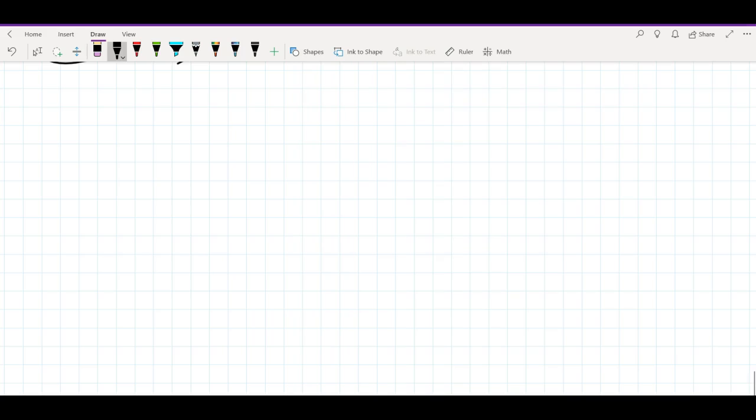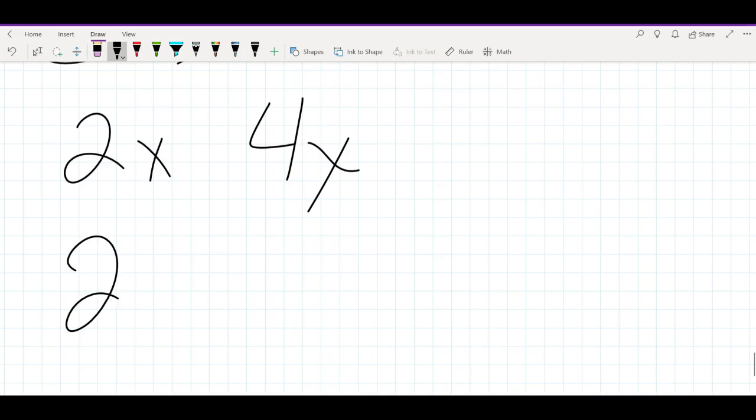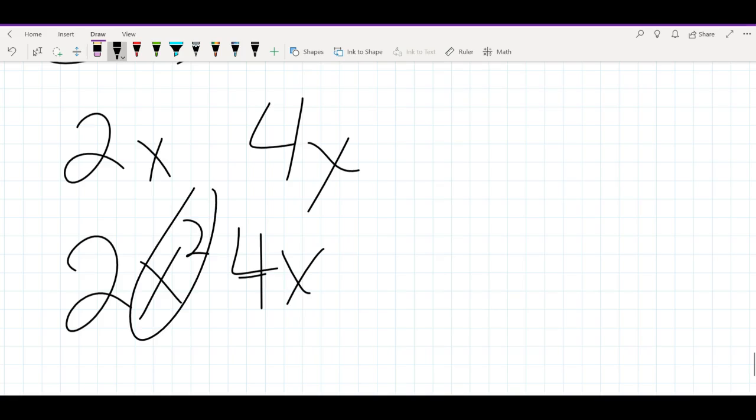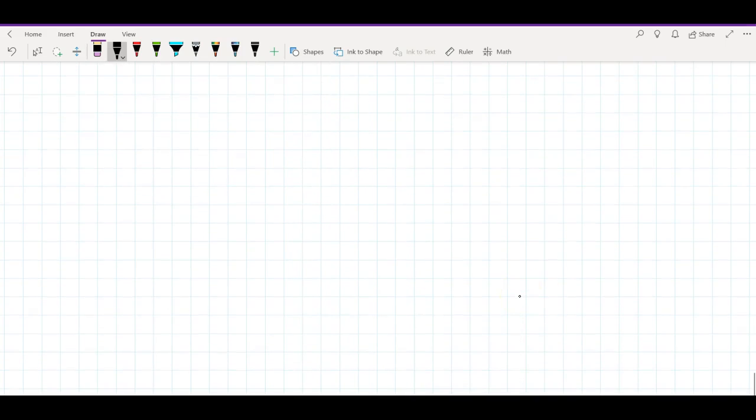So like terms have the same variable and exponent. So 2x and 4x are like terms, but 2x squared and 4x are not like terms, because this is an x squared and this is just an x to the first power. So whenever you're looking at your terms, you have to look at the variable sets and make sure it's the same exact variables with the same exact exponents.